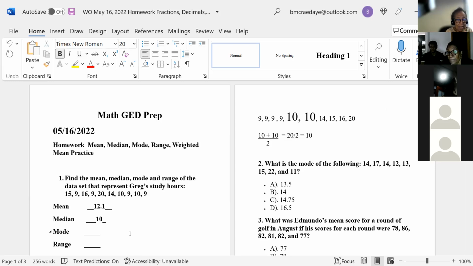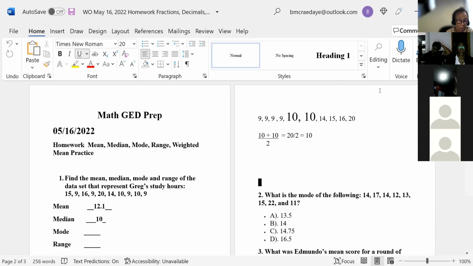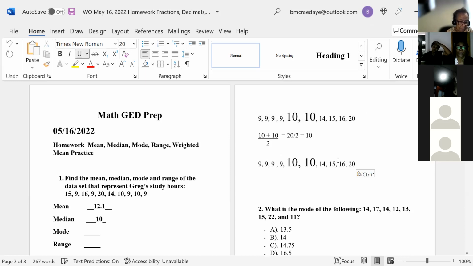Okay, but now if you had an odd number, there'll just be one number in the middle. For instance, let's take this and change it. Let's take out the 20. Okay, there's no 20 here.